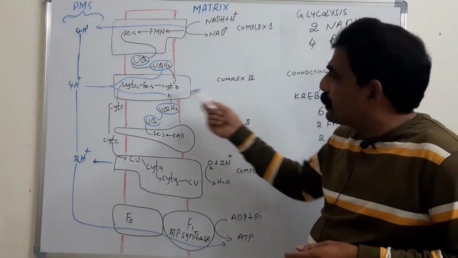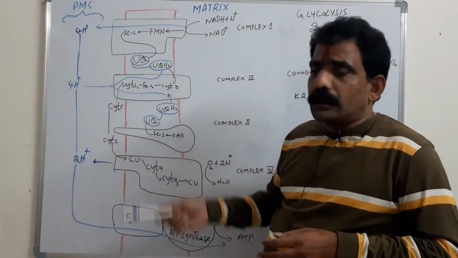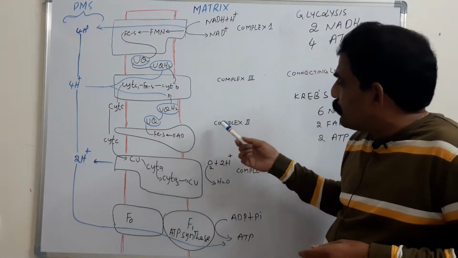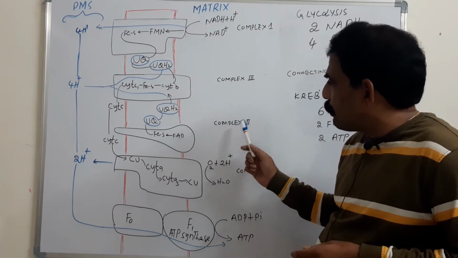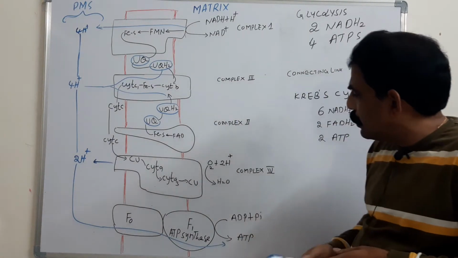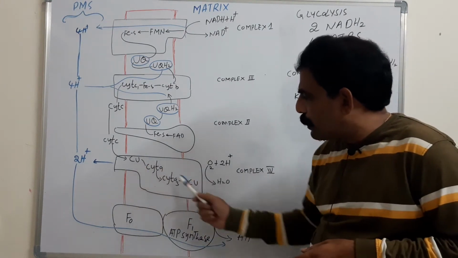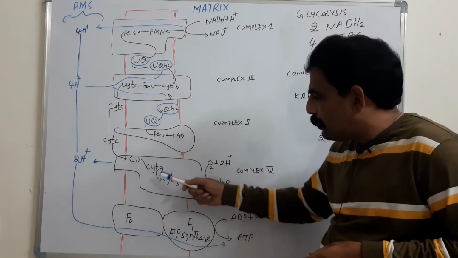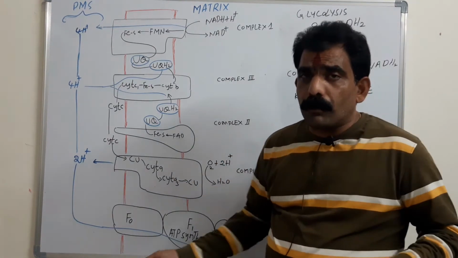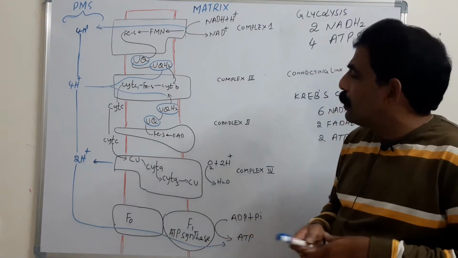Complex 3 consists of cytochrome C1, cytochrome B and ferrous sulfur proteins. Complex 2 consists of FAD and ferrous sulfur proteins. Complex 4 consists of 2 copper centers, cytochrome A and cytochrome A3. And complex 5 is made up of the enzyme ATP synthetase.